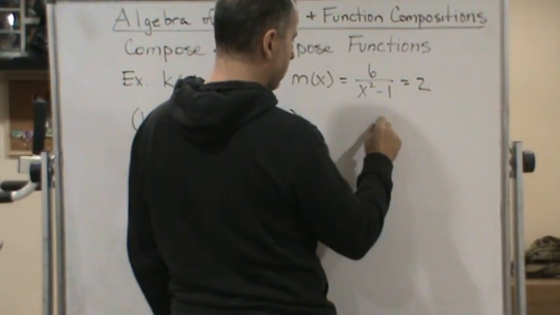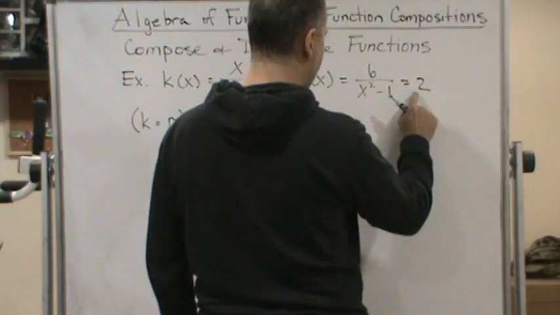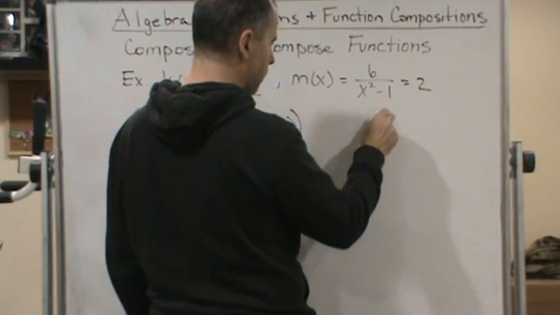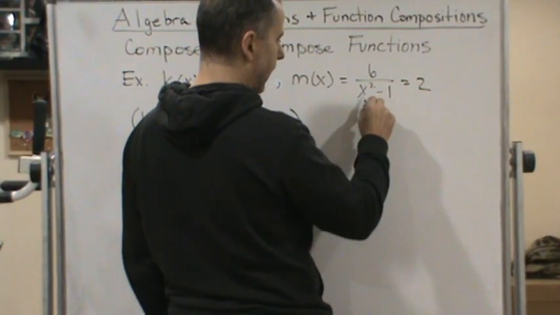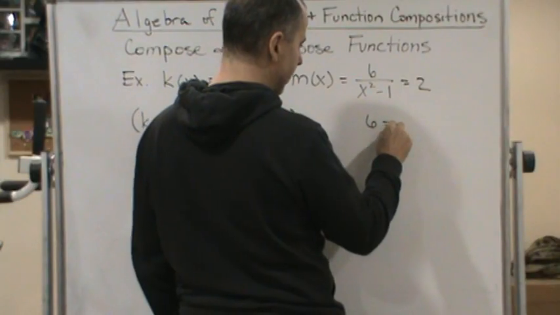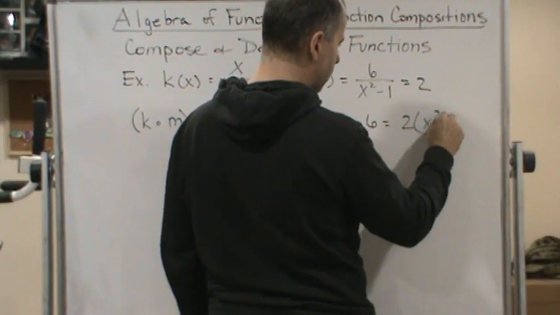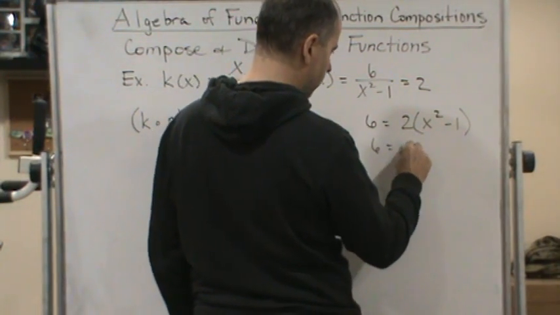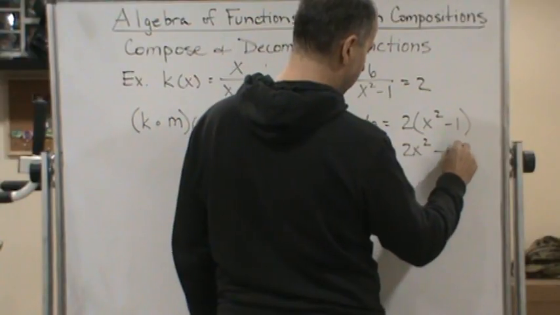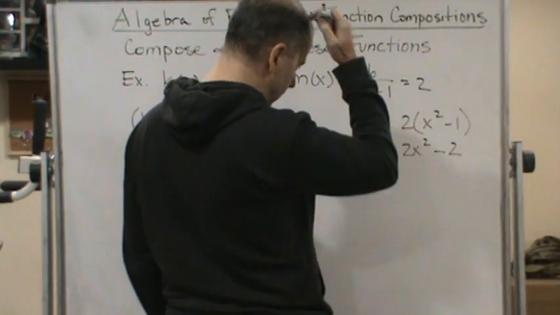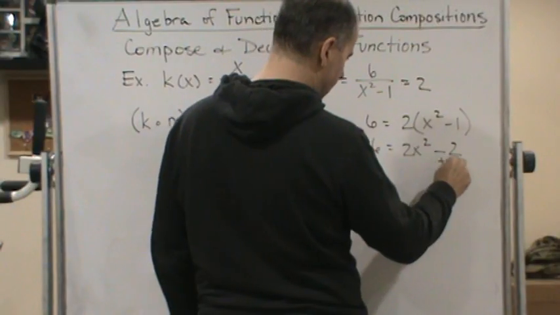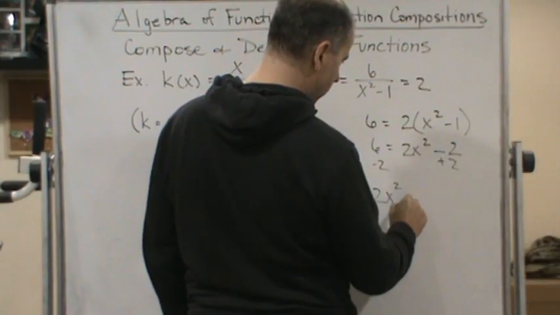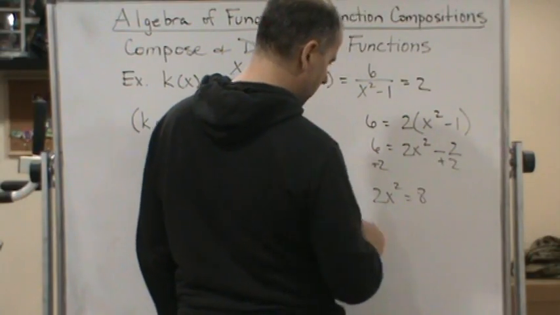So if we solve this, let's just solve it. So I want to know what values of x will make m of x equal to 2. So let's just set it equal to 2 and solve. So if I multiply both sides by x squared minus 1, I get 6 equals 2 times x squared minus 1. And then if I simplify this, I get 6 equals 2x squared minus 2. And then if I add 2 to both sides, I get 2x squared equals, oops, that's a plus, 8.